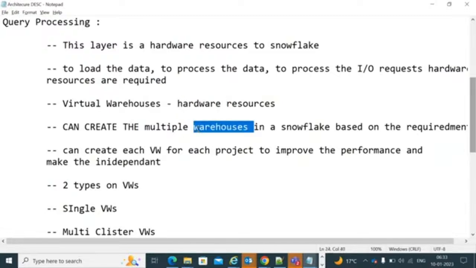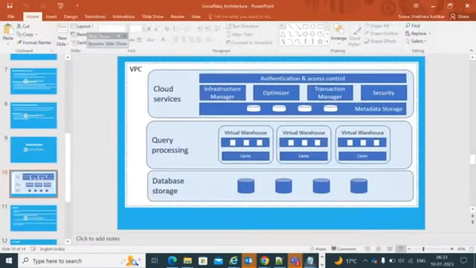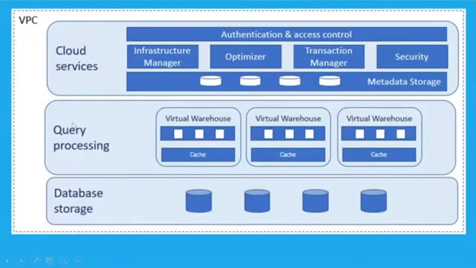Till here you are clear? See, this query processing layer is the virtual warehouse, which is a compute layer, and these are hardware resources to your Snowflake. They are required to process all your requests.